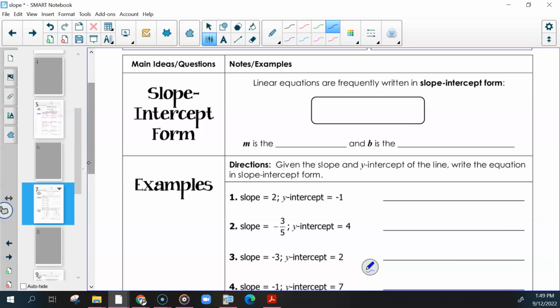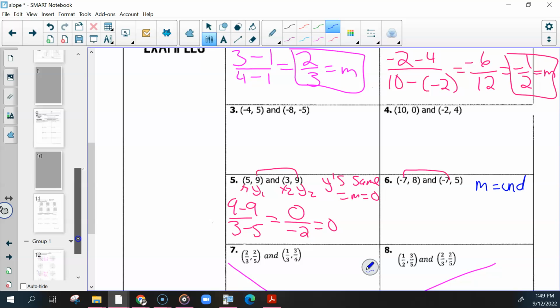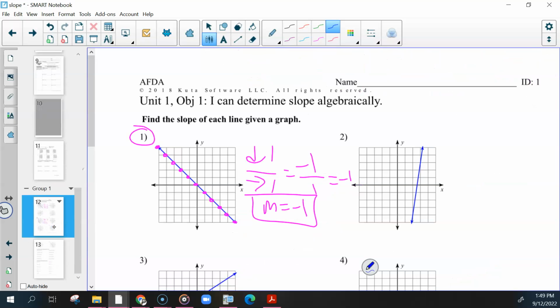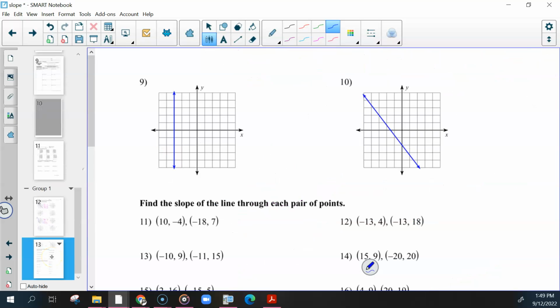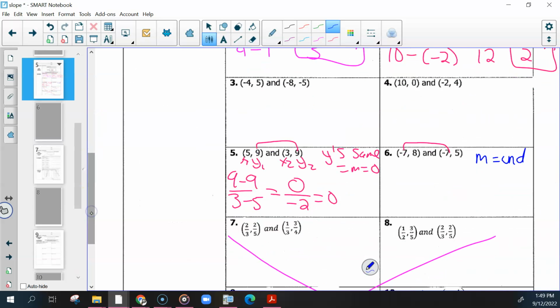Precious, did you have a question? So I was trying to do numbers on the page also, but I keep getting negative 4, but I thought it was supposed to be positive.